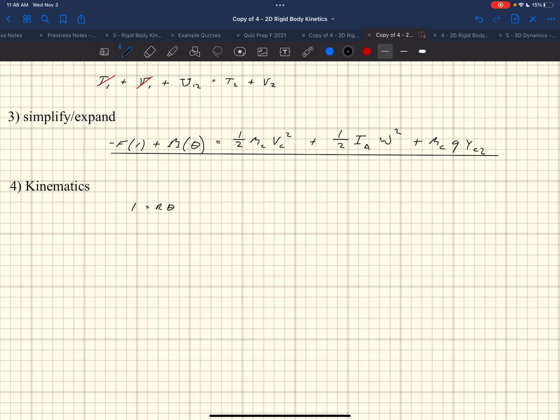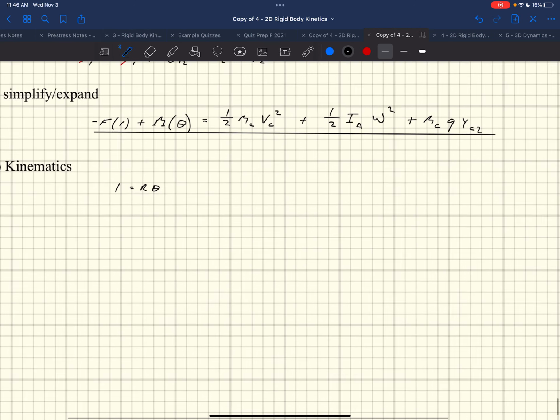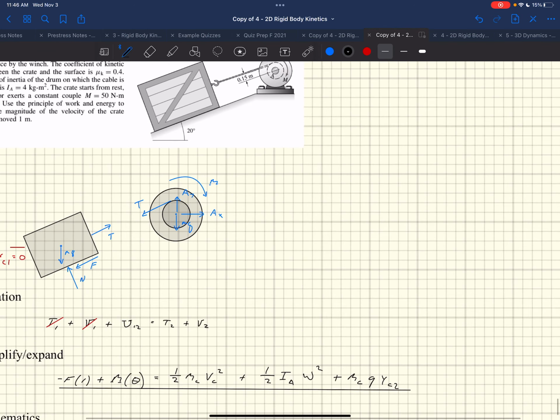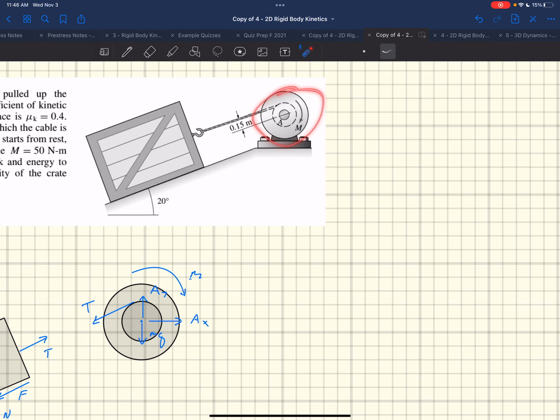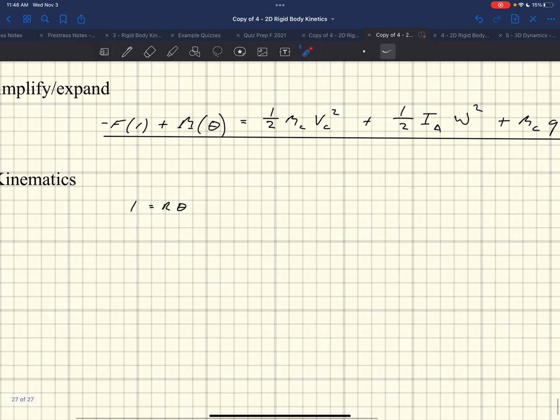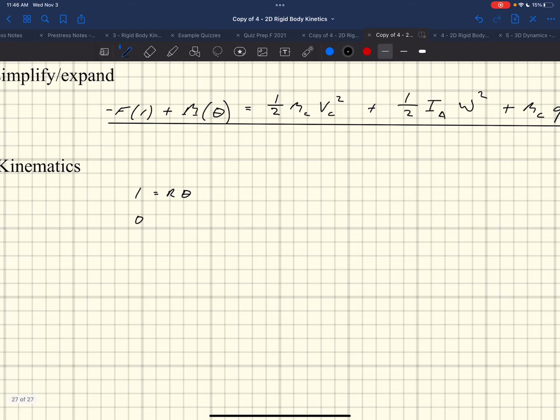We've used that multiple times. It's similar to rolling wheel kinematics. The radius times theta tells us the distance that it travels. And the radius we're talking about is not the overall radius, but the radius that the rotations of this thing are going around. So that's around 0.15. So theta is equal to 1 over 0.15.